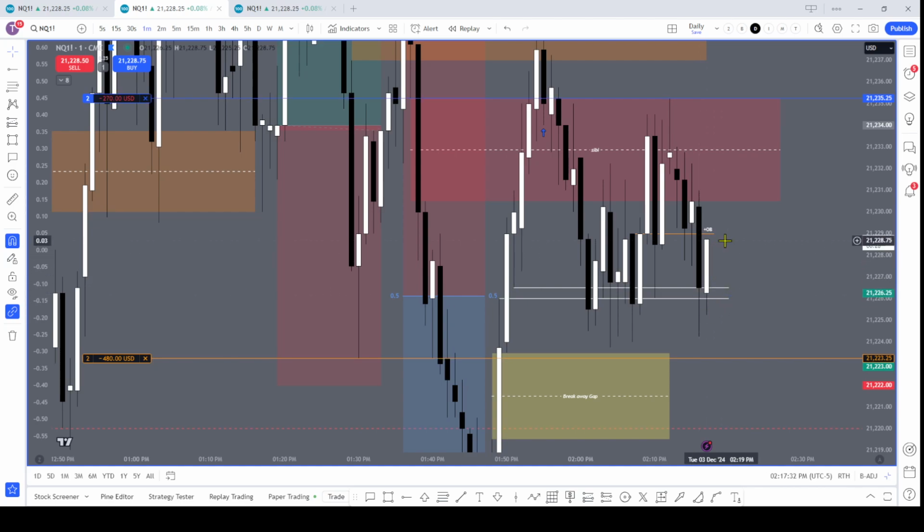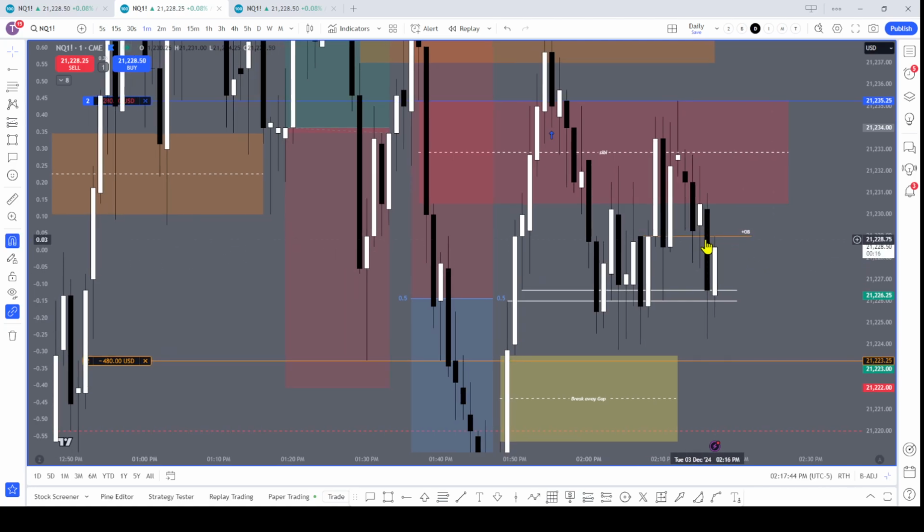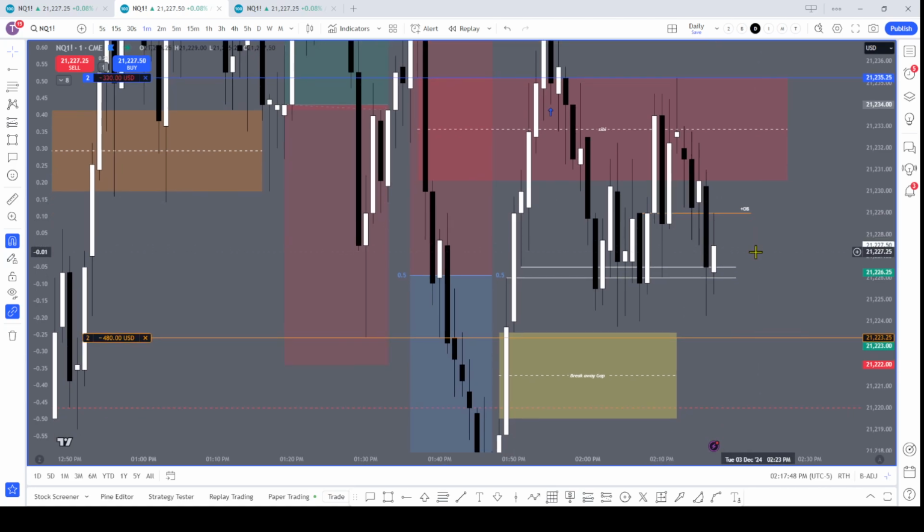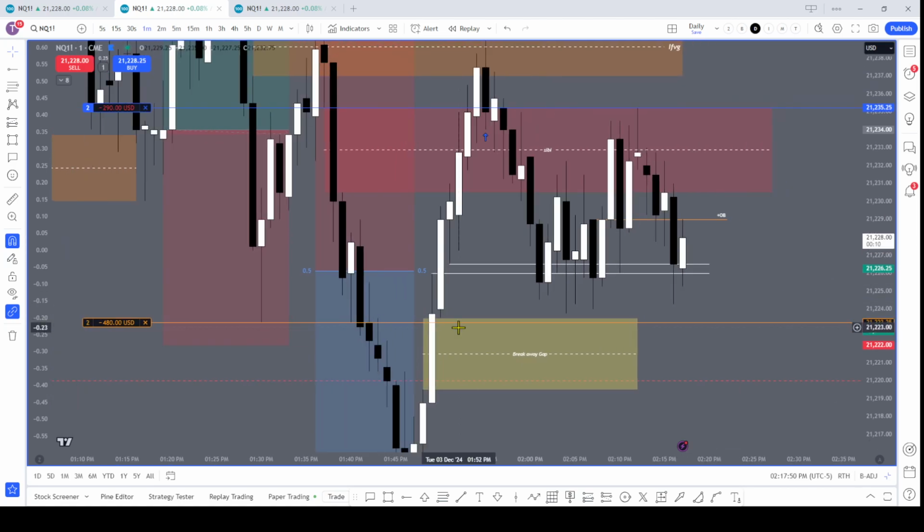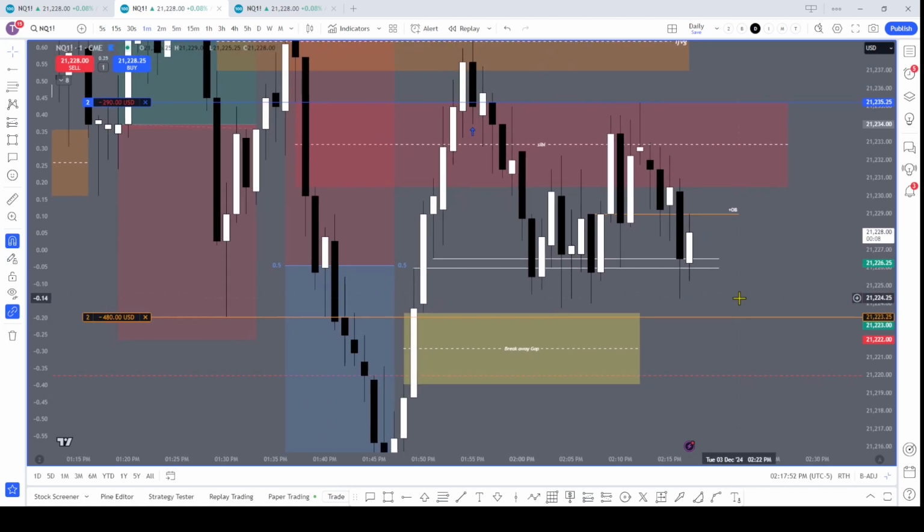Right now we're trading above it, so I'm going to watch the bottom side of this order block. This order block here. See what we want to do with that.